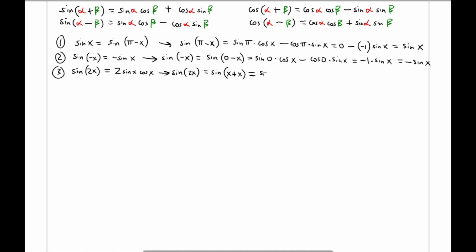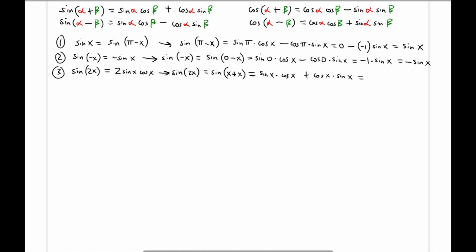So you're going to write sine x cosine x plus cosine x sine x, right? Because alpha and beta are the same. This work is really fast. You don't need to be too careful with what your alpha and beta is, like in different angle examples in the first two that we did. Right?